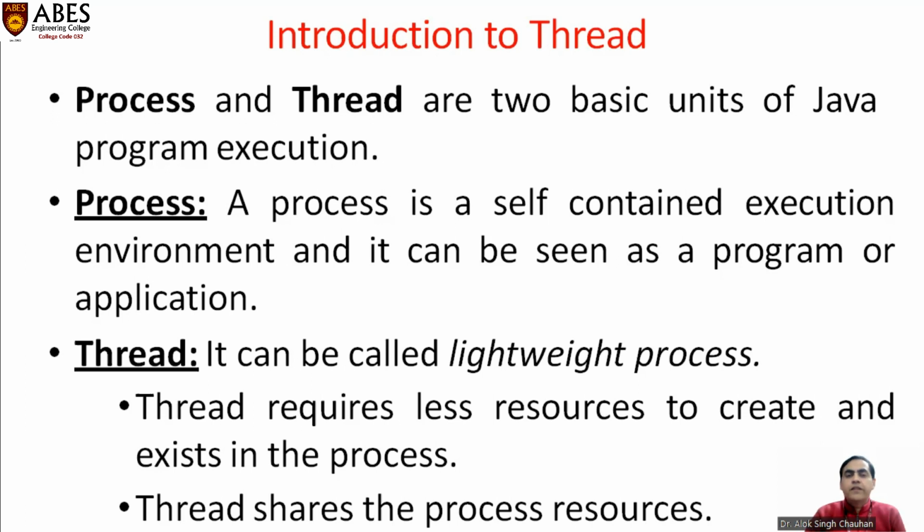That means a process can contain multiple threads. A thread can be called a lightweight process because a thread requires fewer resources to create and exist in the process, and a thread also shares the process resources. So thread is the smallest unit of Java program execution.